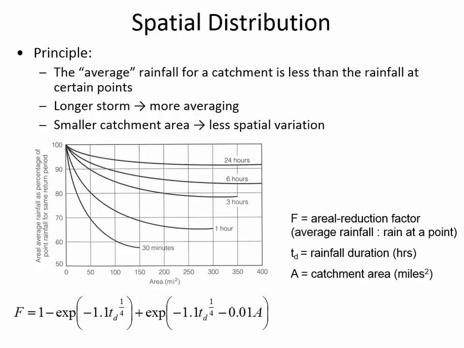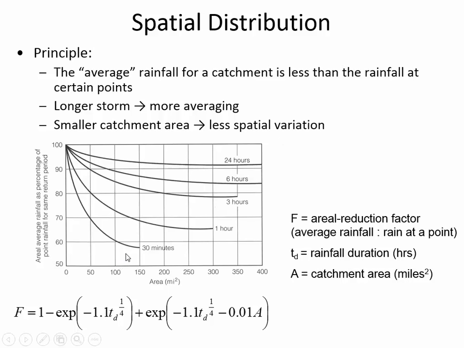This slide is an illustration of how spatial distribution can be estimated. There's an empirical expression that allows you to just sort of interpolate based on the watershed area how big the storm will be relative to some average known amount.